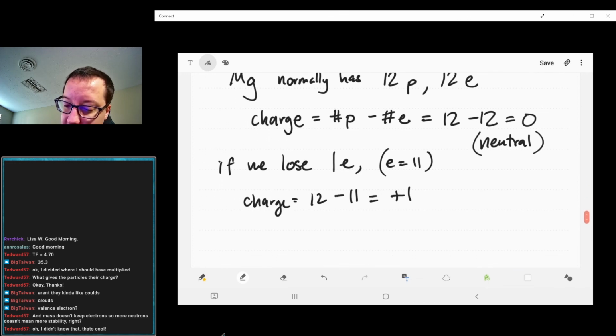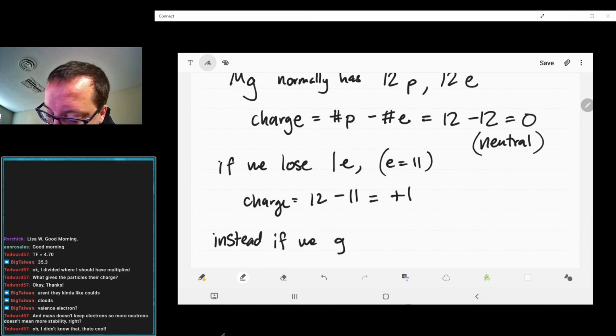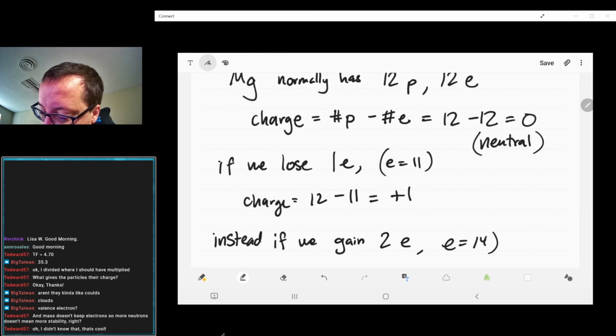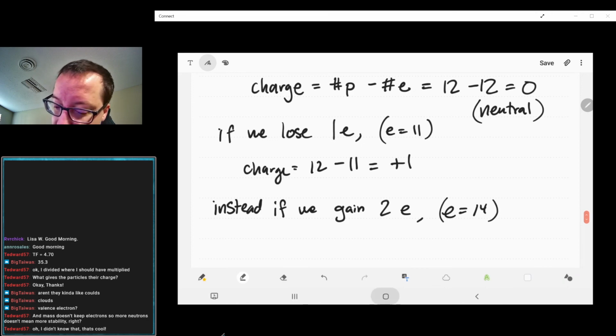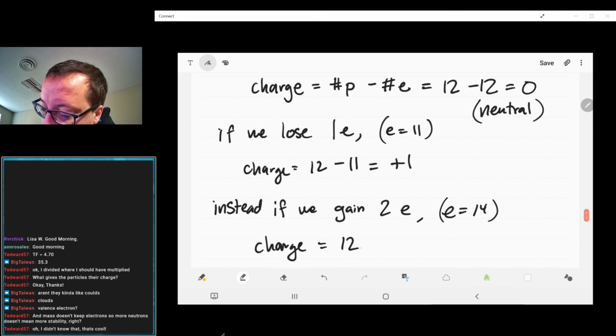If we instead, let's say, gained 2 electrons, that would bring us up to 14. The charge would be 12 minus 14, which is -2.